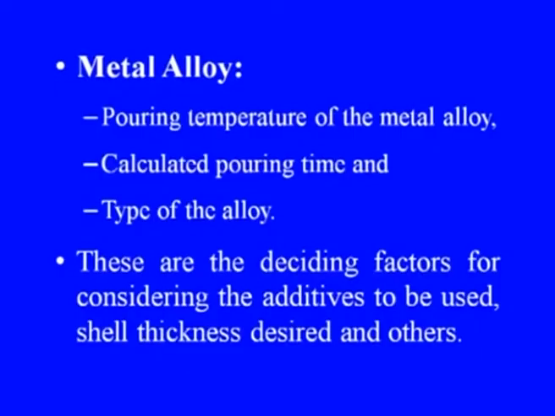How can these metal or alloy based parameters influence the product? These are pouring temperature of the metal and alloy, then calculated pouring time and type of the alloy. These are the deciding factors for considering the additives to be used, cell thickness desired, and others.